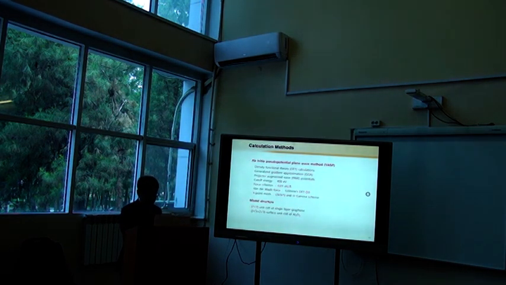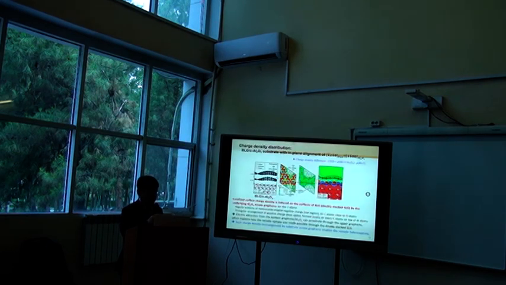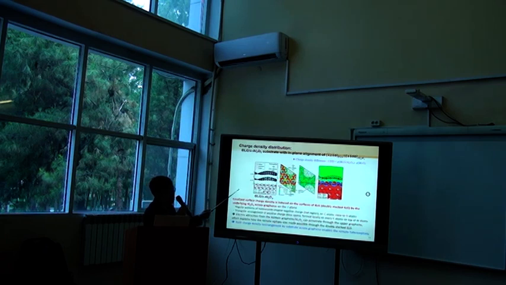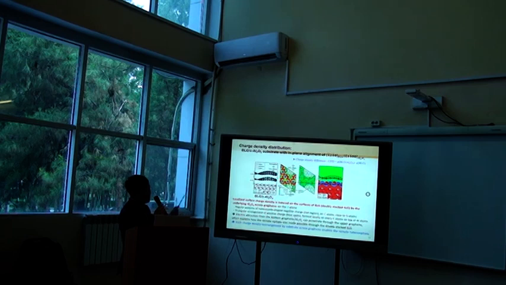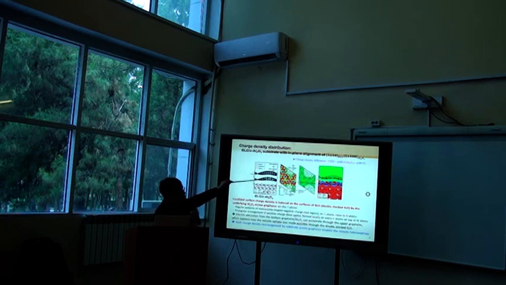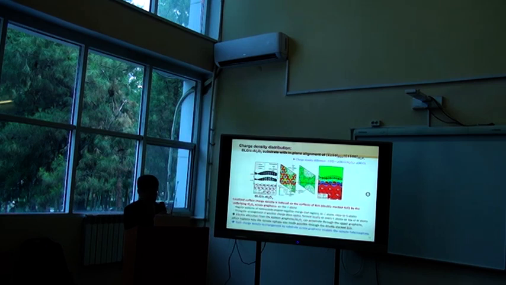To understand this, we did density functional calculations to get the charge density distribution, almost the same way as I did in the previous work, and we found that some charge density distribution through the graphene layers makes remote epitaxy possible.